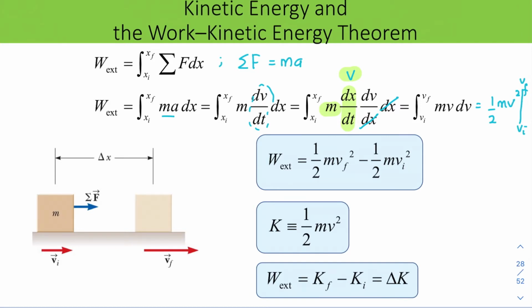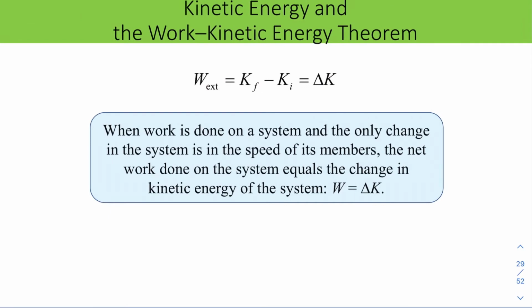This is actually the origin of how the formula of kinetic energy is equivalent to half mv squared. So in simple manner, we can write it as W external is equivalent to kinetic energy final minus kinetic energy initial, or delta K. So what does this mean?